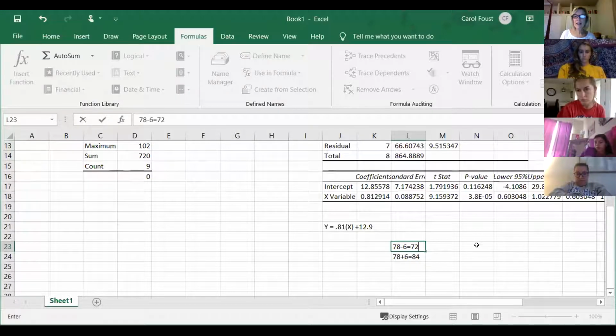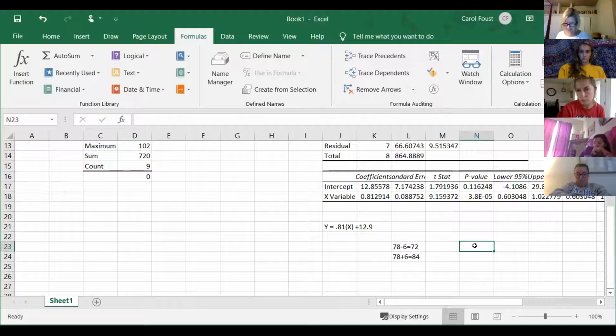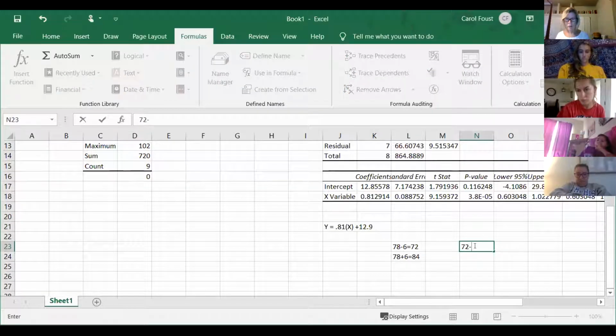So my confidence range is 72 to 84. A 72 to an 84 is my confidence interval. Makes sense? That's my error confidence interval at the 95% level. You guys got that?